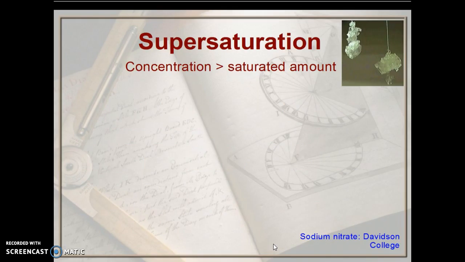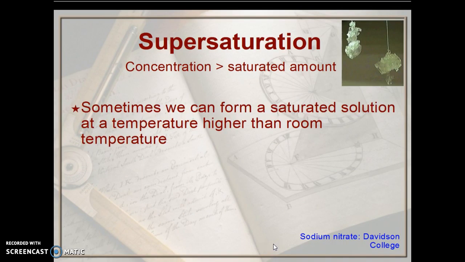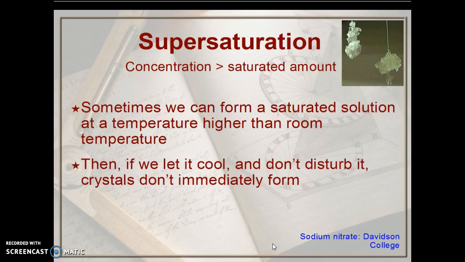Supersaturation, that's a little different. We can form a saturated solution of a substance, particularly things like sodium and potassium nitrate, at a temperature higher than room temperature, maybe 40, 50, 60 degrees Celsius. Then if we let it cool slowly without disturbing it, we may see the crystals don't immediately form.